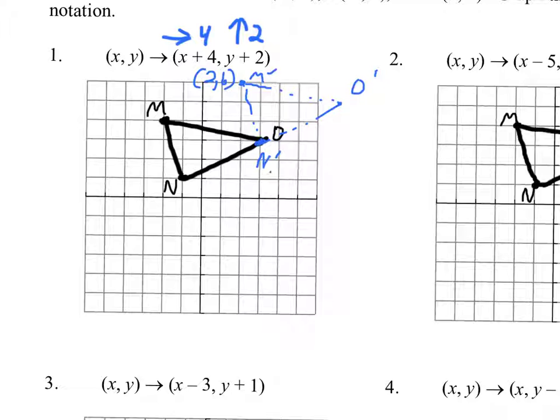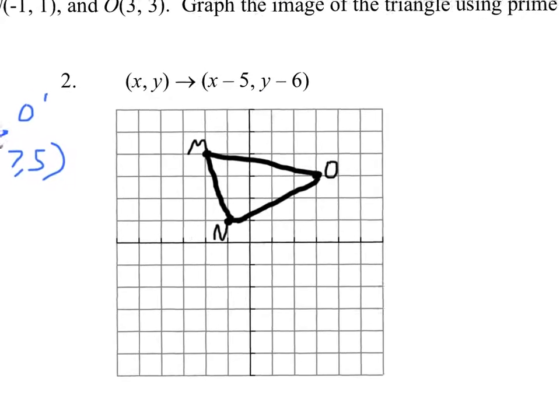N prime is at (3, 3), and O prime is at (7, 5). And that way it's really easy to check your answers with the answer key.